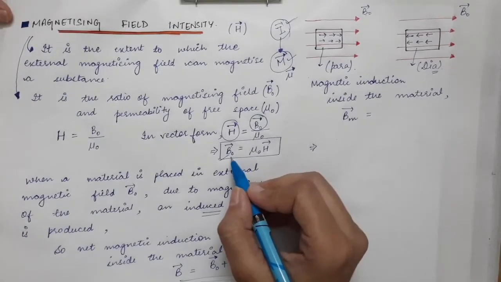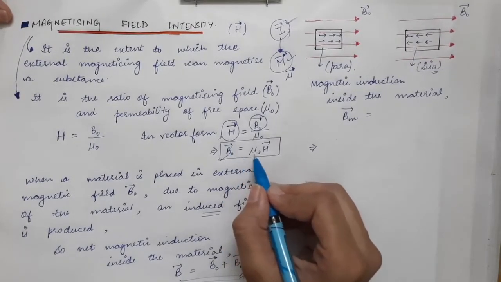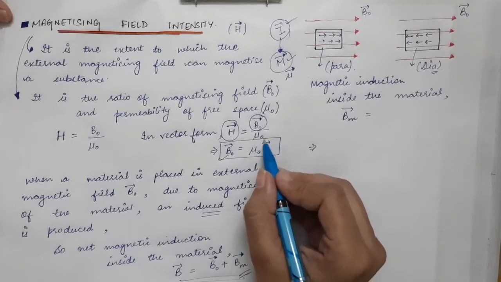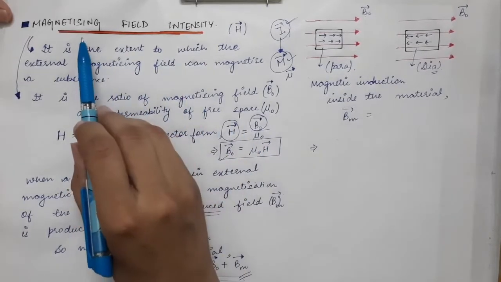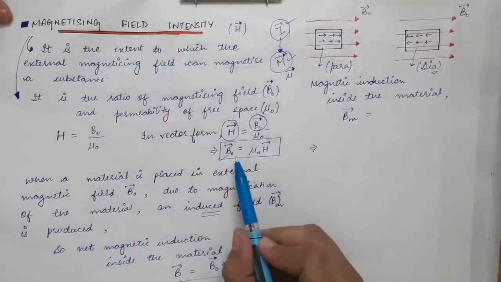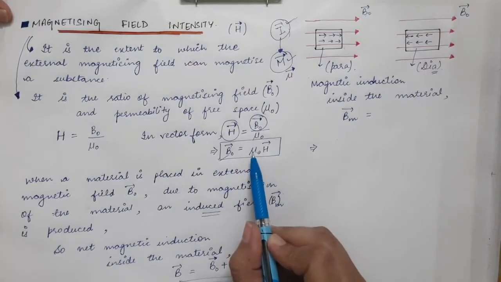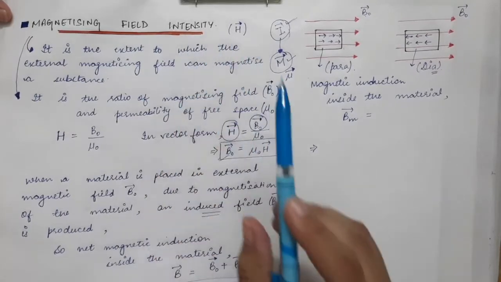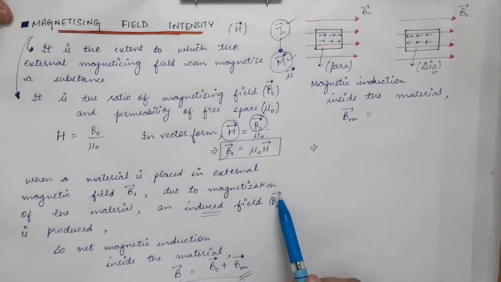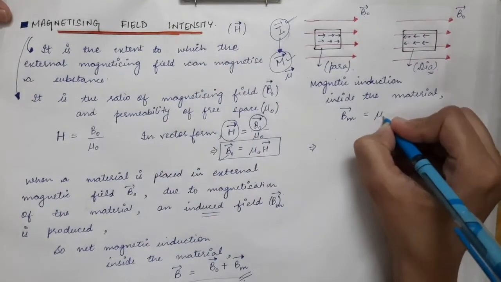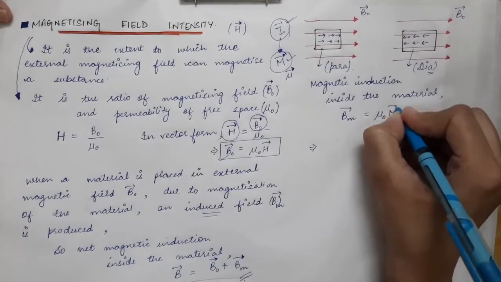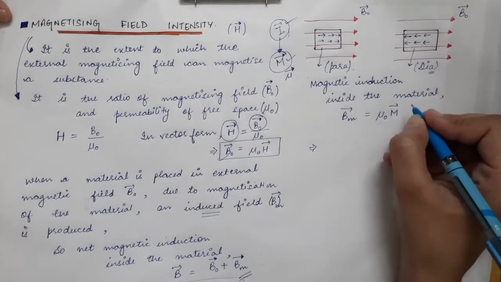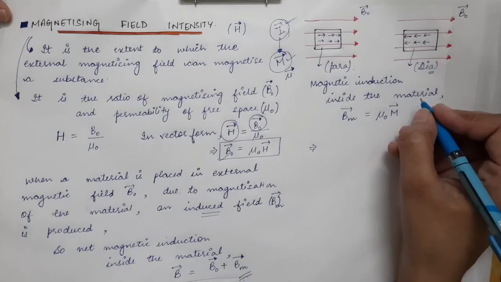Now as we have seen, B naught vector can be written as mu naught times the magnetizing field intensity H. Similarly, Bm vector can be written as mu naught times M vector, where M vector is the intensity of magnetization.